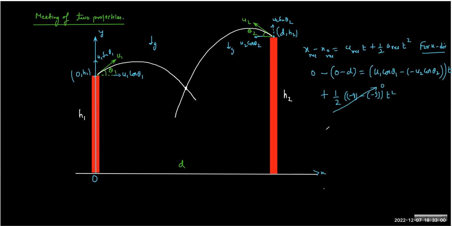So your equation is so simple. It's simply d equals u1 cos theta 1 plus u2 cos theta 2 into t. In fact, you can get t equals d upon that sum. And you can see that both the x components are facing each other, that means they're coming closer. So the net velocity will add up. That's also logical, isn't it?